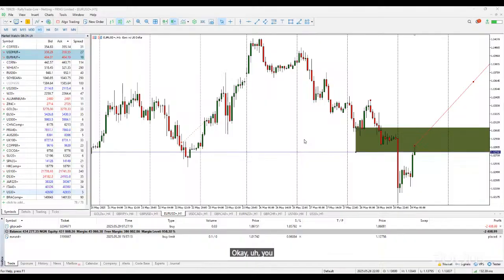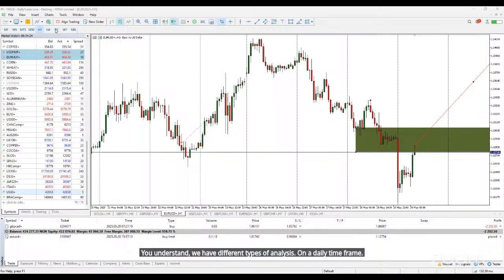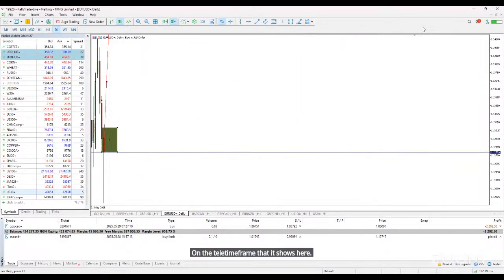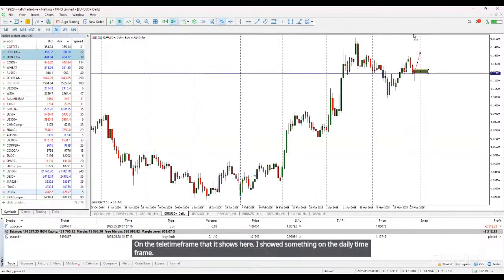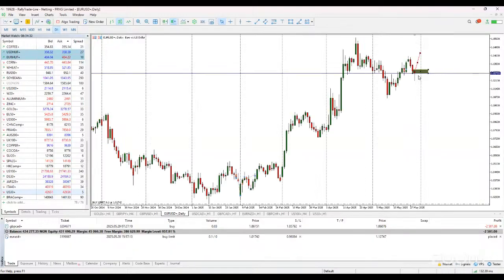Okay. You know, we have different types of analysis. On the daily time frame that I showed here, I showed something. Let me see again. This candle that is about to form here is about forming a hammer candle.